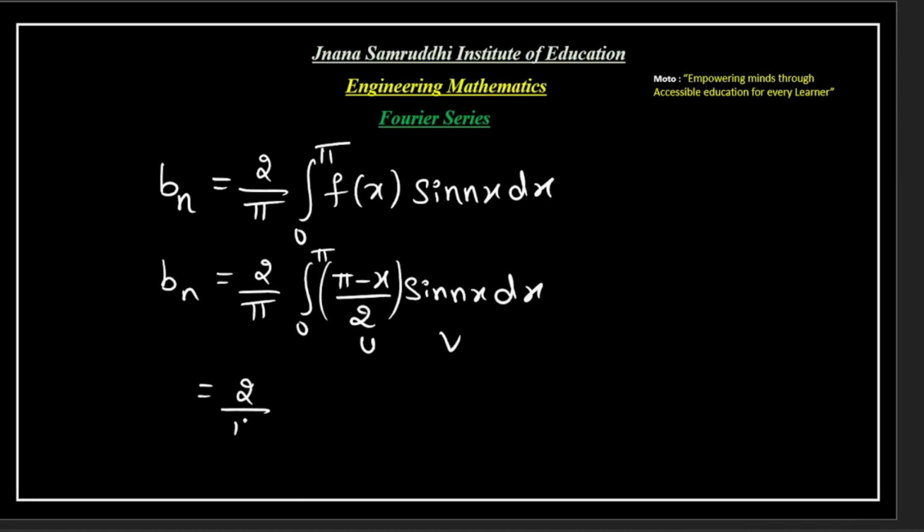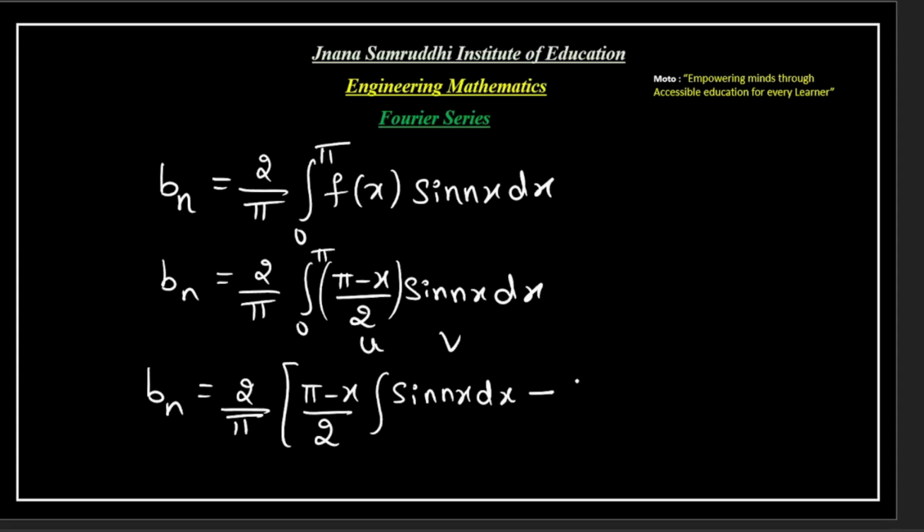Now with the parts, that is 2 by pi, first we need to keep u as it is, that is pi minus x by 2, times integration of sin nx dx, minus integration of d by dx of pi minus x by 2, and again the integration of v, that is sin nx dx.